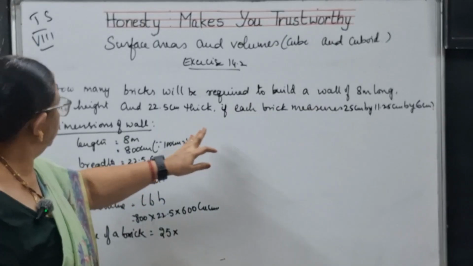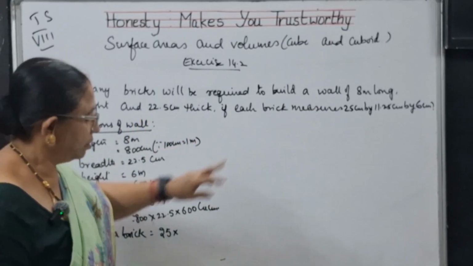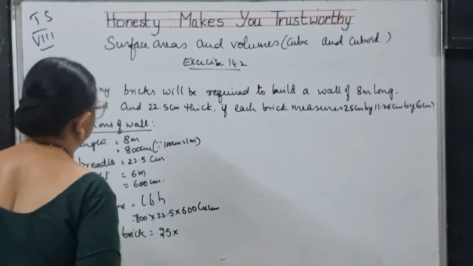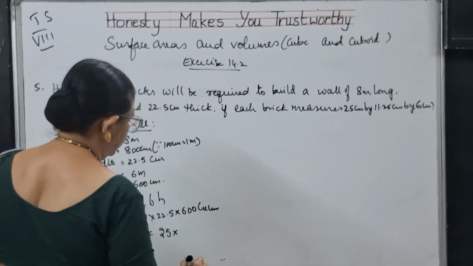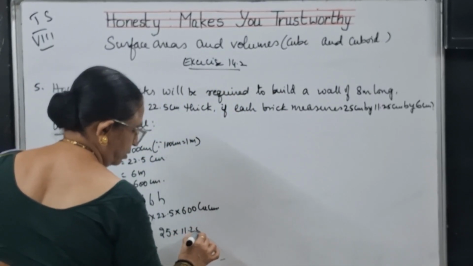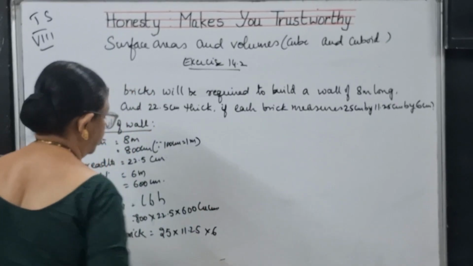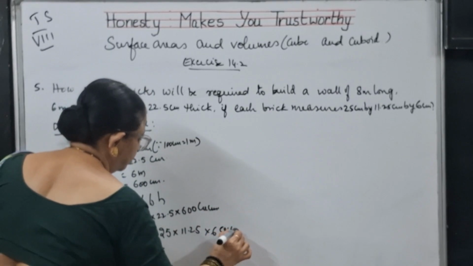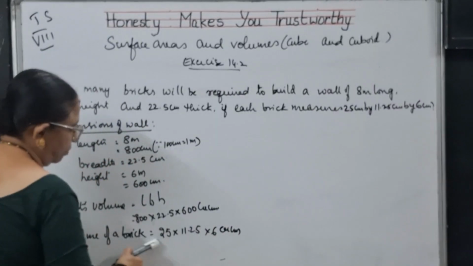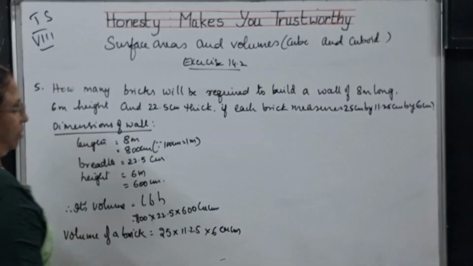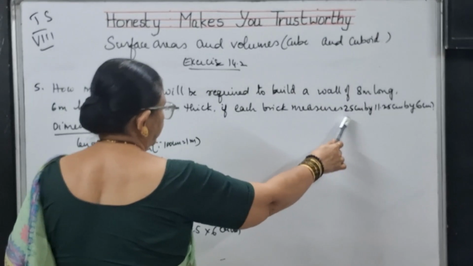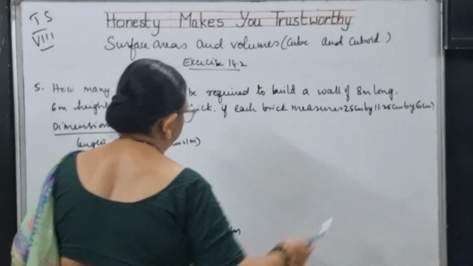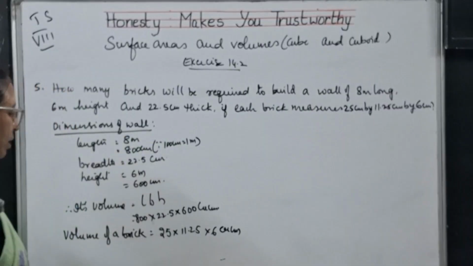Each brick is 25 into 11.25 into 6 cubic centimeters. These are the measures of the brick. See, they said brick 25 centimeters by 11.25 centimeters by 6 centimeters. That only I have taken.